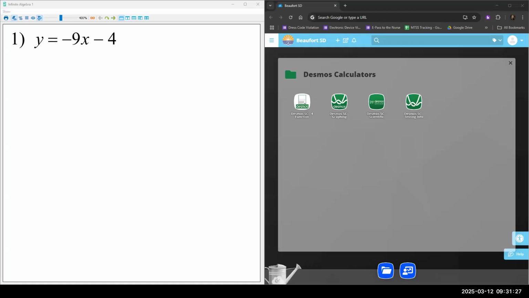All right, we're gonna get started with our paper. To do this, we need to go to Desmos Graphing. Go to Desmos Graphing on your computer.